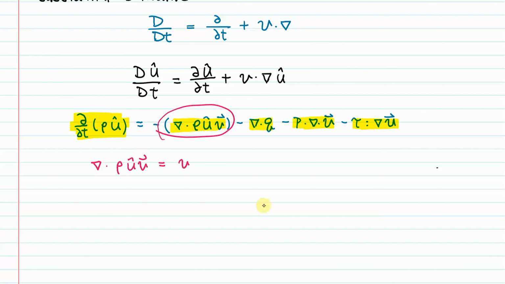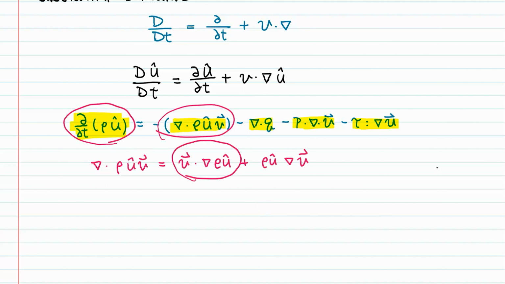So it equals v dot the gradient of rho u, plus rho u times the divergence of velocity. By doing this, you see that this term with our left hand side will become the substantial derivative because we have a negative sign here.